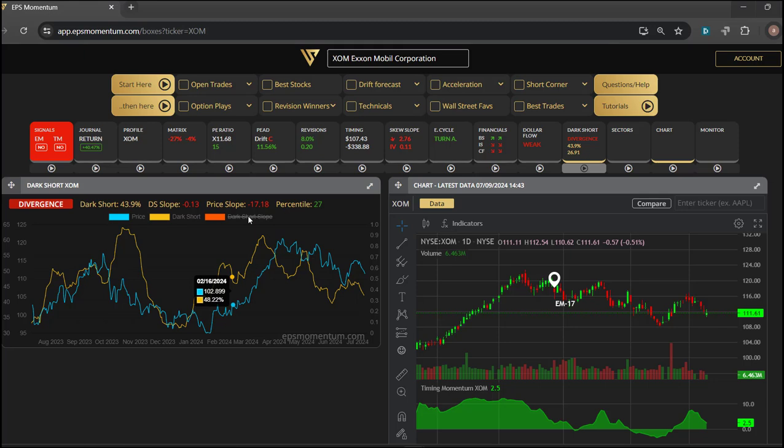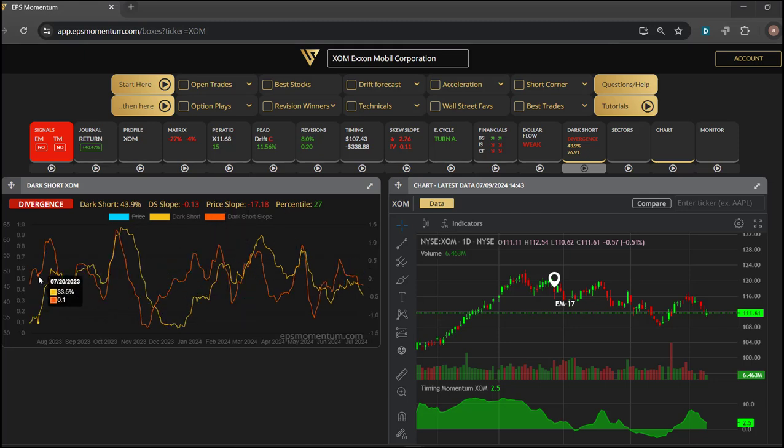Now let's have a look at the dark short slope. If we remove the price, you can see the slope is the 10-day slope of the dark short. So it's basically a leading indicator of the dark short. As the red shoots up and the yellow shoots up, once it's at the top, the red is already collapsing and then shoots up again and so on. So it's really a leading indicator or leading metric for the dark short move.